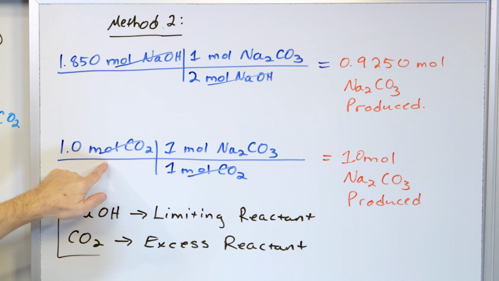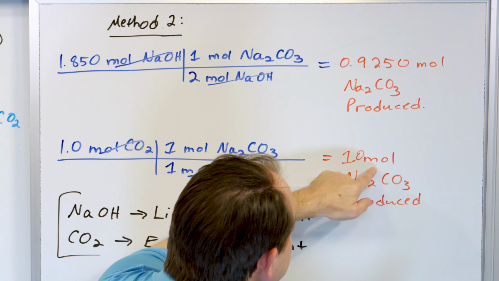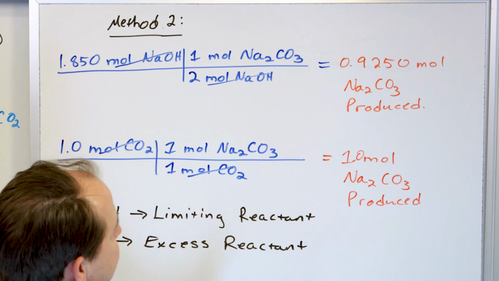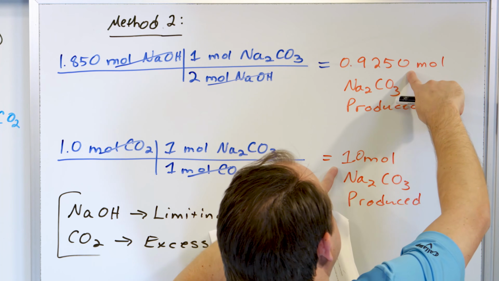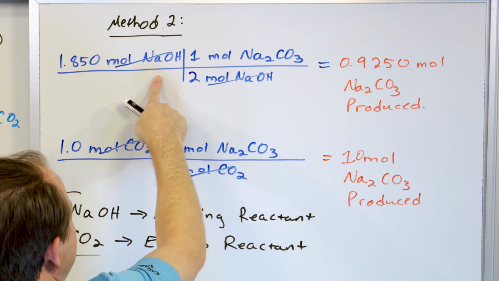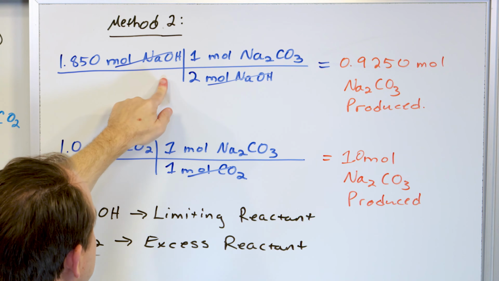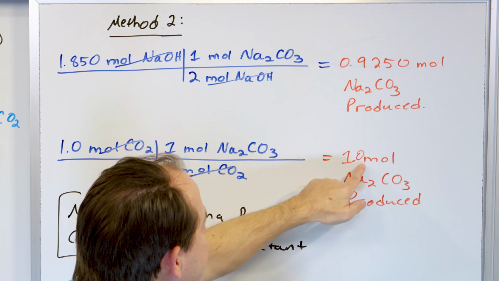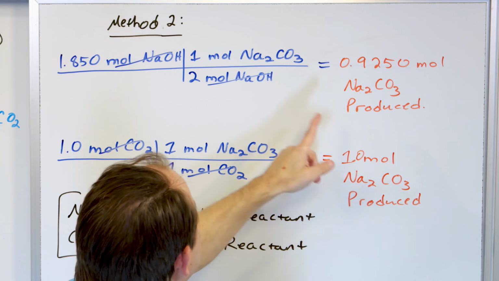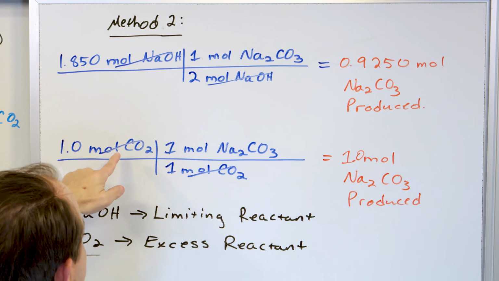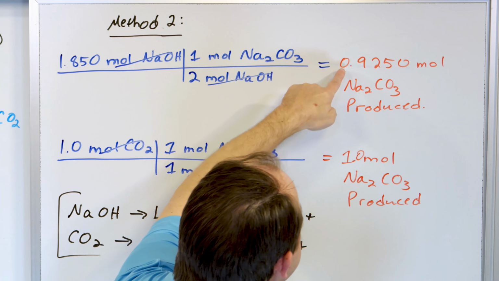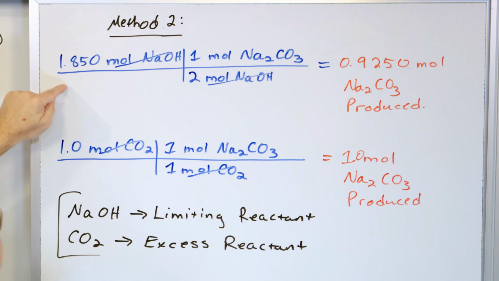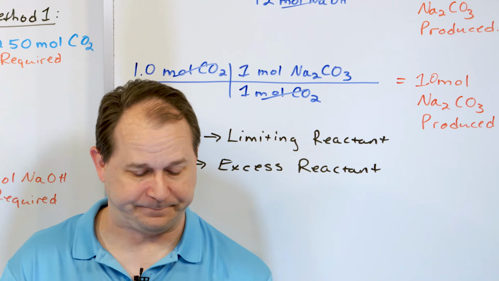And we find out that the fewest moles of sodium carbonate is produced with this reactant. In other words, this one's going to run out first, producing this much. There's no way it can produce this much, because I'm going to run out of this in real life before I deplete the carbon dioxide. So when you get the 2 answers, you just discard the bigger one. The smaller one means this one is the limiting reactant, the sodium hydroxide. The other has to be the excess reactant.